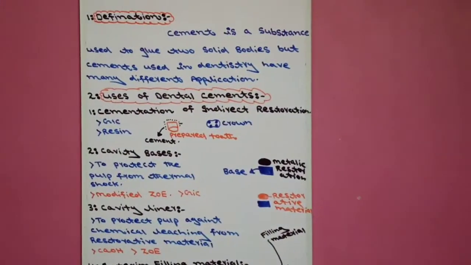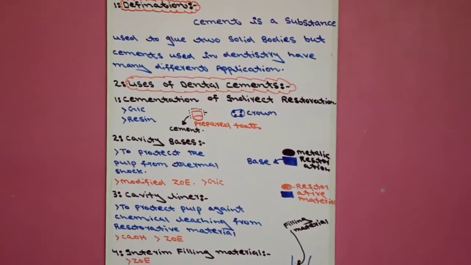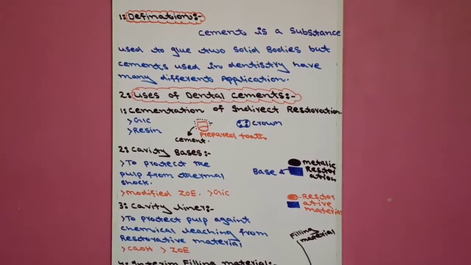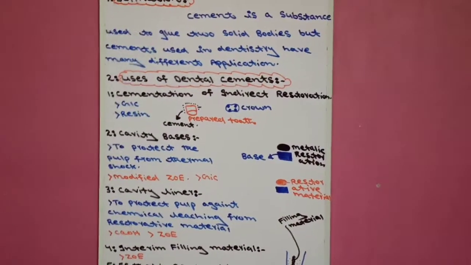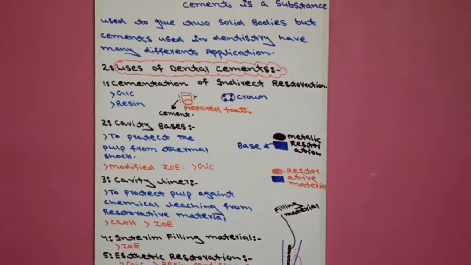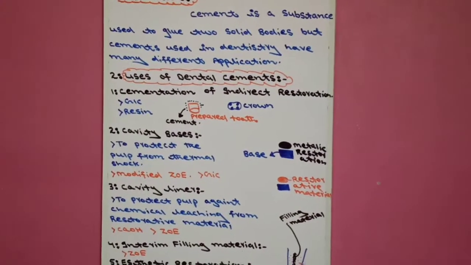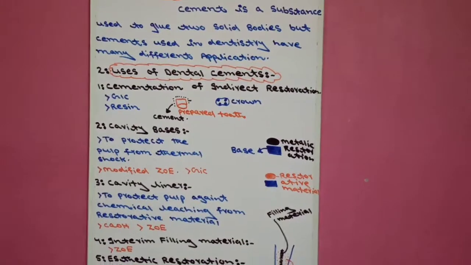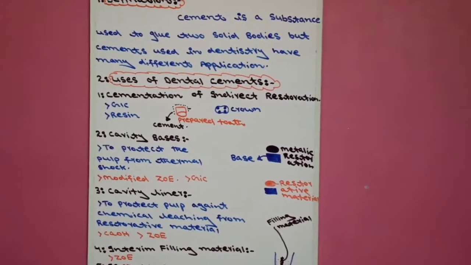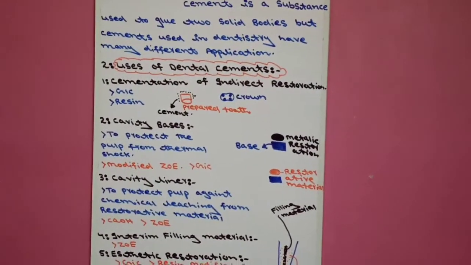Like in a building, the function of cement is to join two bricks with each other, but here the function of cement is to lute the crown with the prepared tooth.